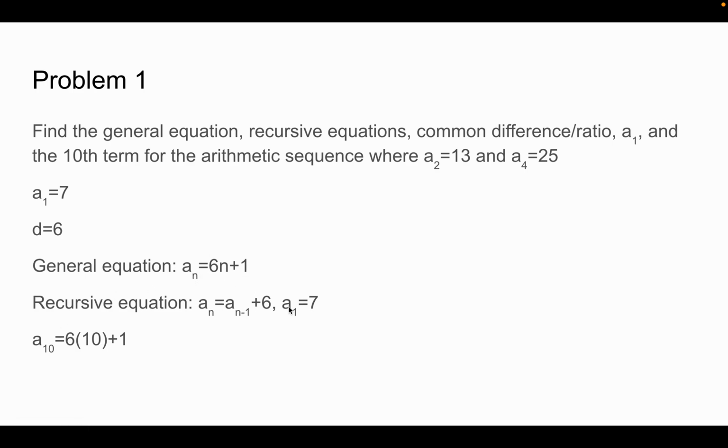We could do it with a recursive equation, but it wouldn't be fun. It would be very repetitive. If we plug in n as 10, we get a10 equals 6 times 10 plus 1, which is just 61. So now we have everything for problem 1.